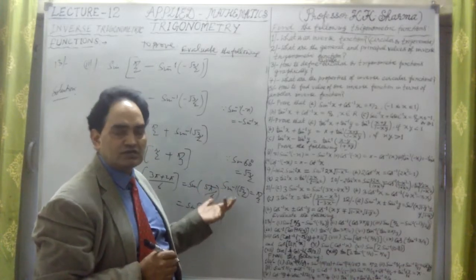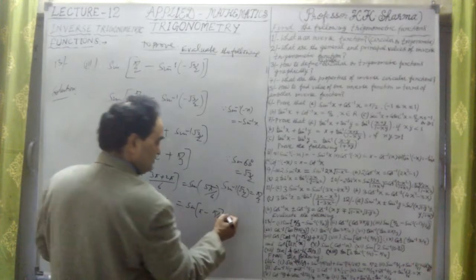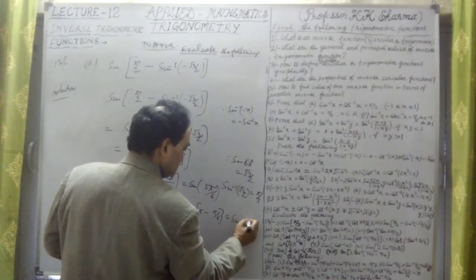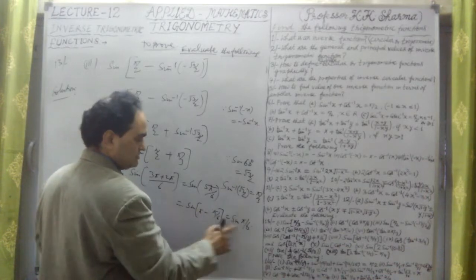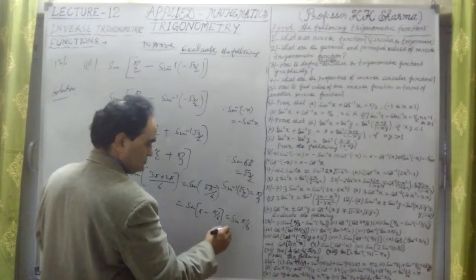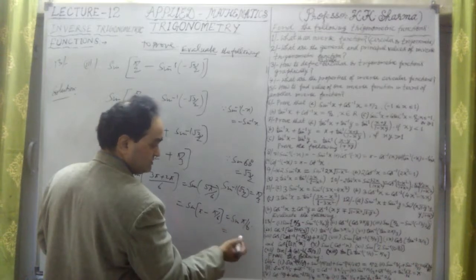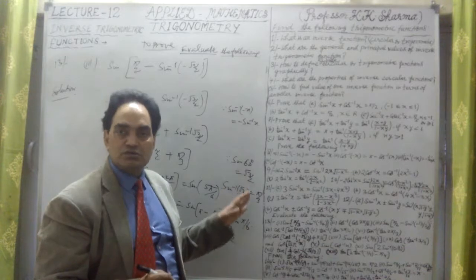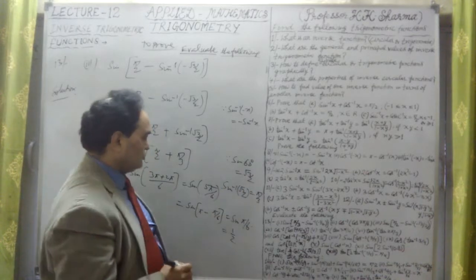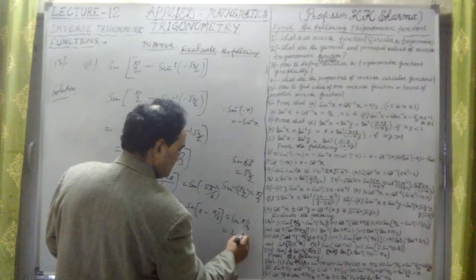In the second quadrant sine is positive, and sine of pi minus theta is sine theta directly. It gives us sine pi by 6. Sine 30 degree is 1 by 2, so this is the answer here.